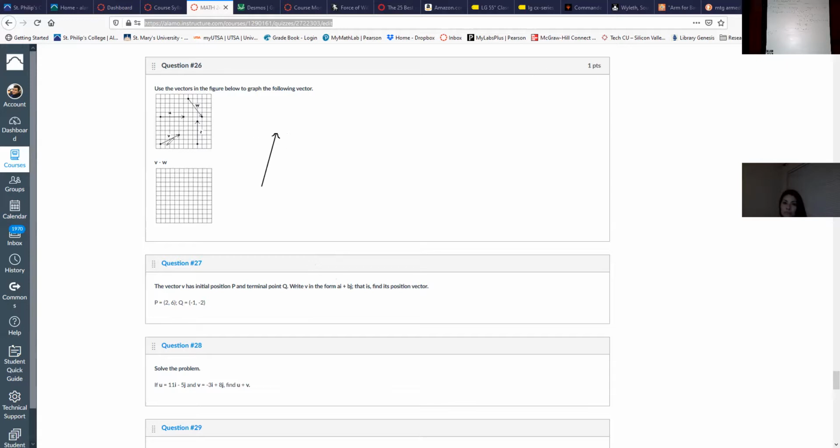Does that make sense? So you connect this one and this one, V and W, but the negative sign, all that tells you is the direction. So V plus W would be going this way, but V minus W would be going this other way. Let me close that.